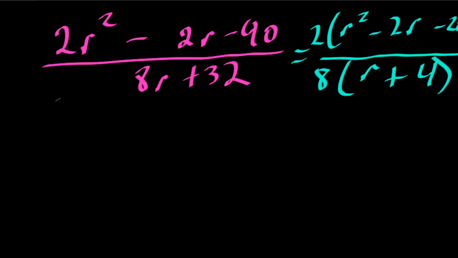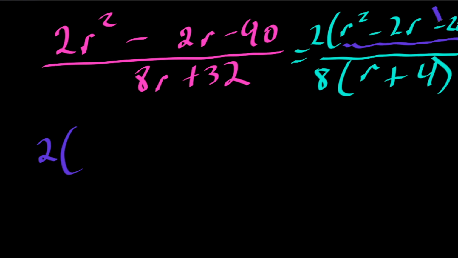Now we factored out this part, but we can actually go further if you look inside our parentheses. We still have 3 terms, a trinomial here, and it's r squared, r, and then a number, which is typically a tip-off that you could factor this. So let's try to do that. We have 2 on the outside still.